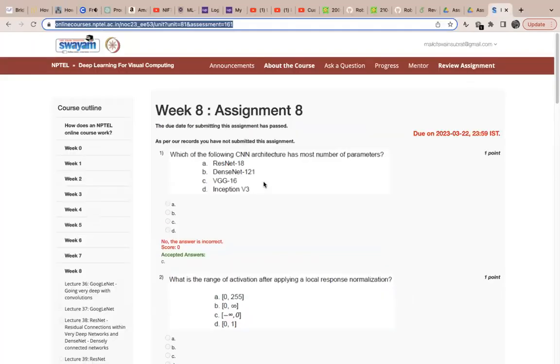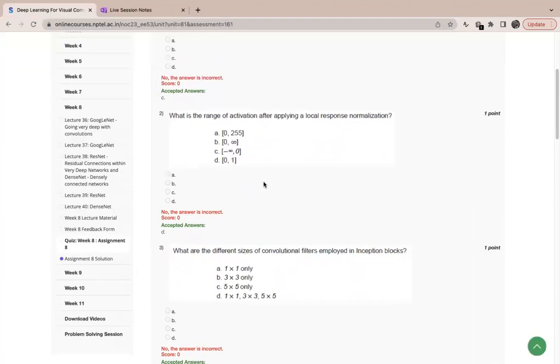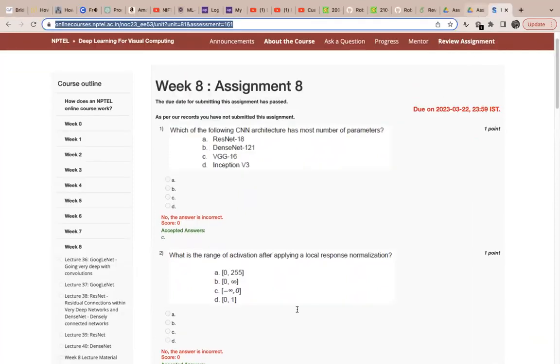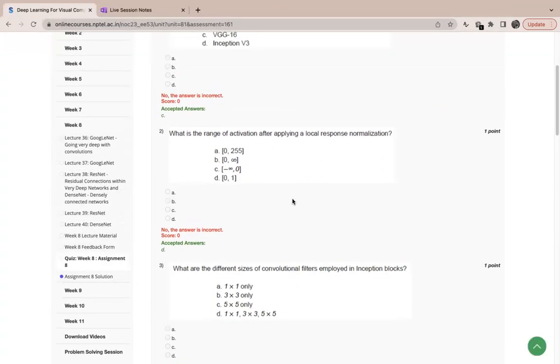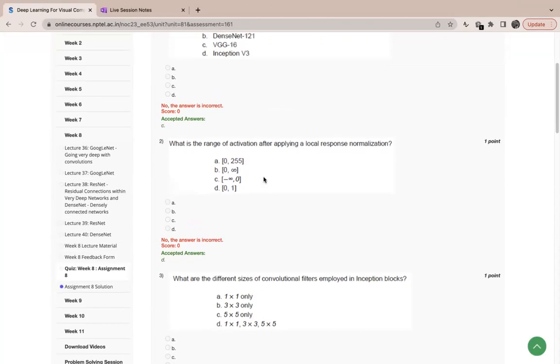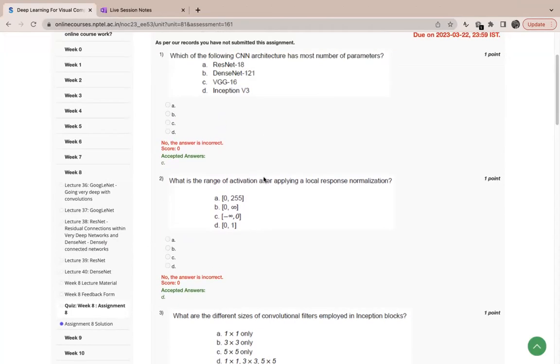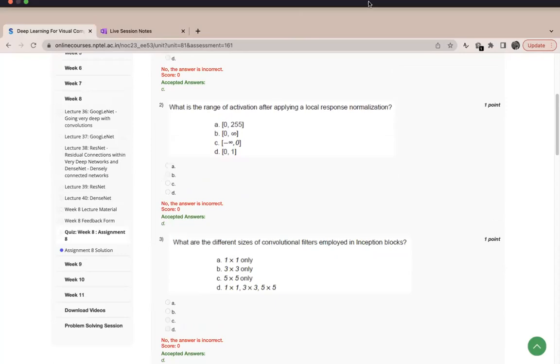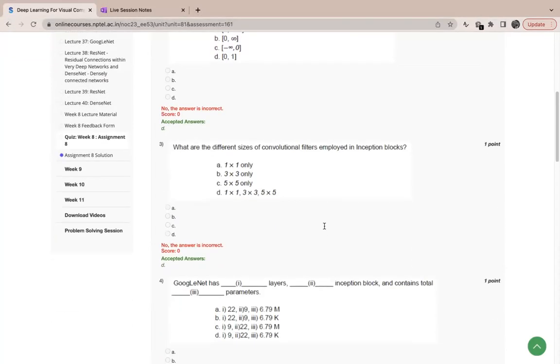Local response normalization is a thing from GoogleNet. In GoogleNet, we saw that after applying local normalization, the output generally lies between 0 and 1. So that would be the correct answer, I would say.